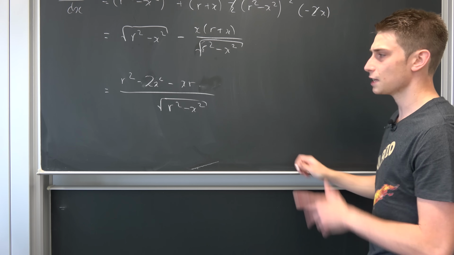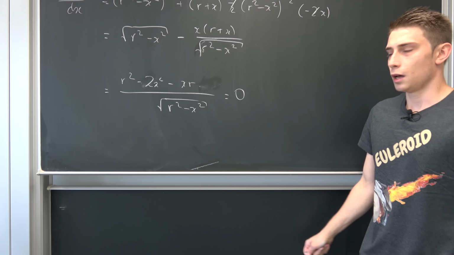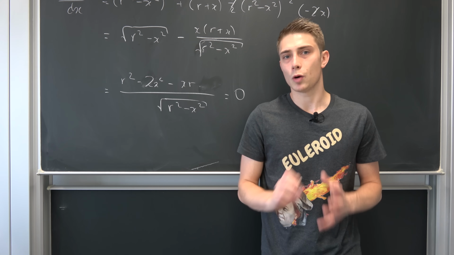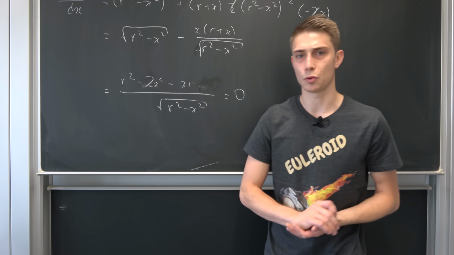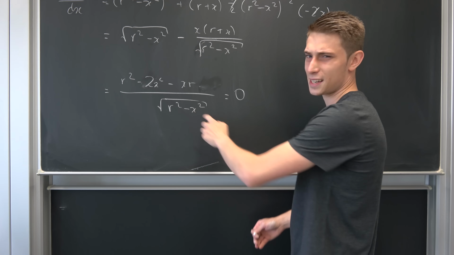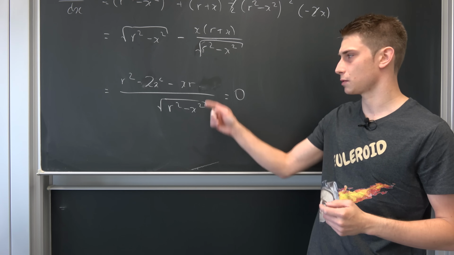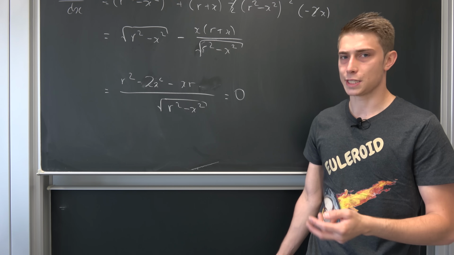And like I said, we want this to be equal to 0 in the process. There's only really one way for our fraction right here to be equal to 0. Well, the first case would be when x goes to infinity, because that would be 1 over infinity, and that would just be 0, you could say.